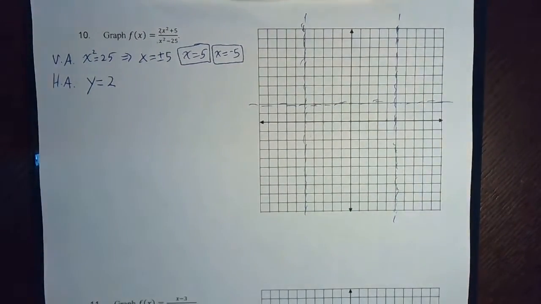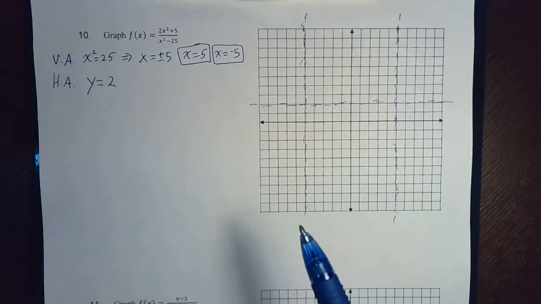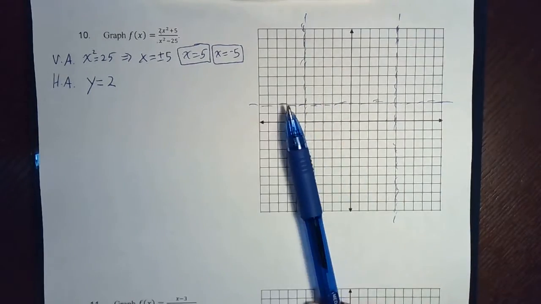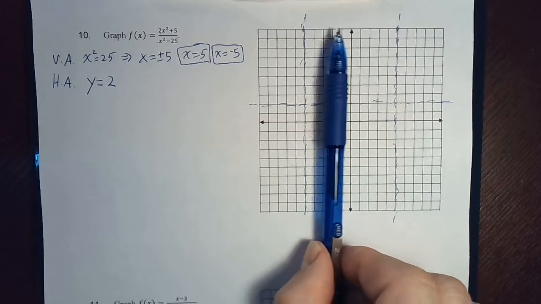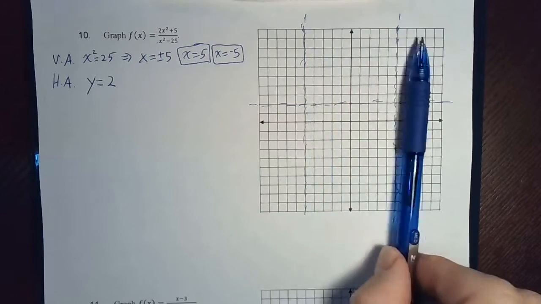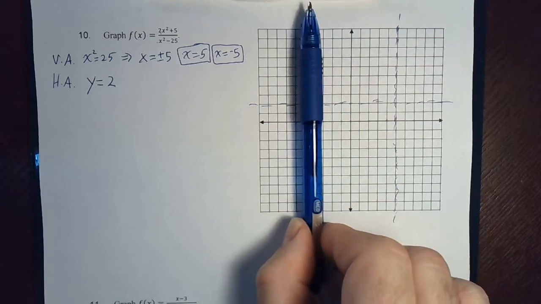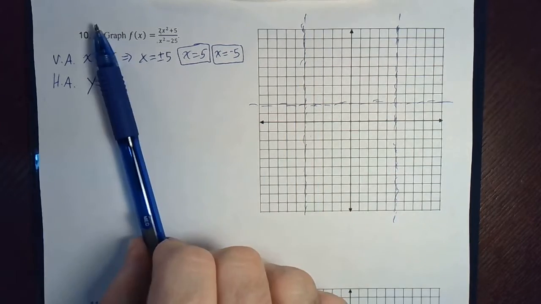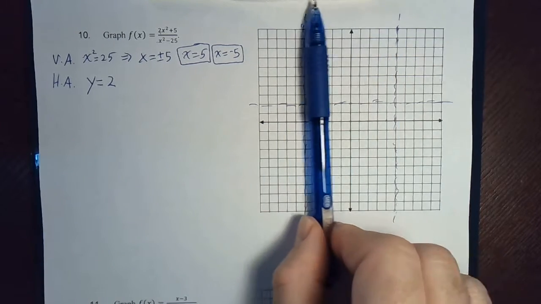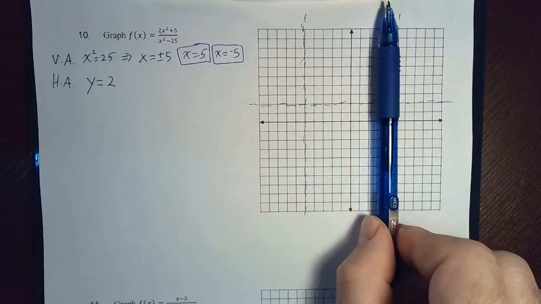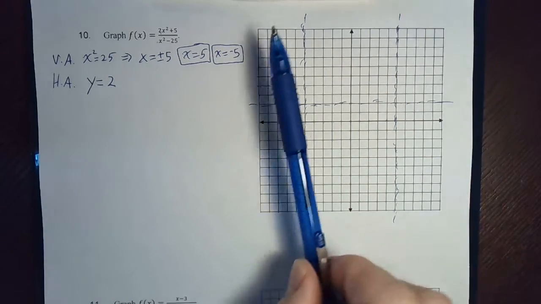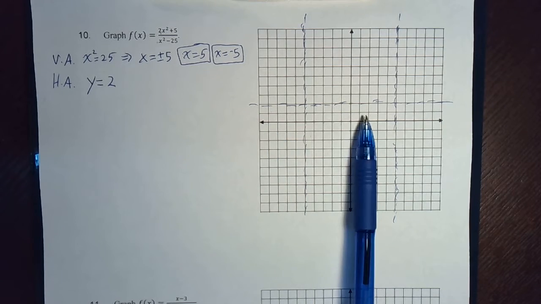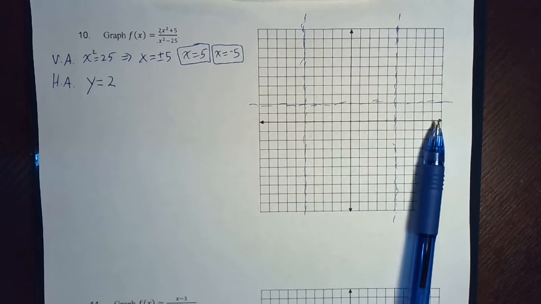All right, so we got our asymptotes done. Now notice, the vertical asymptotes break the xy plane into 3 sections: to the left of this, in between the two asymptotes, and to the right of this vertical asymptote. So we're going to have to plot some points in this section and this section.